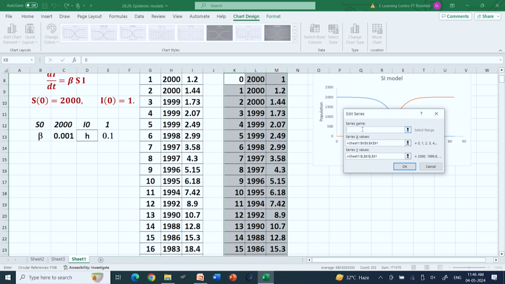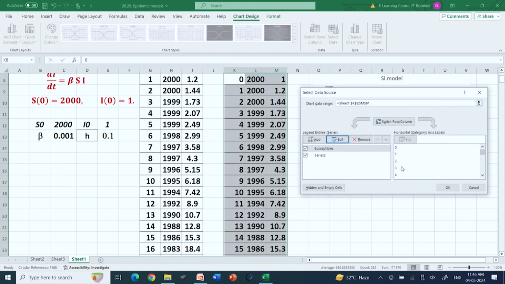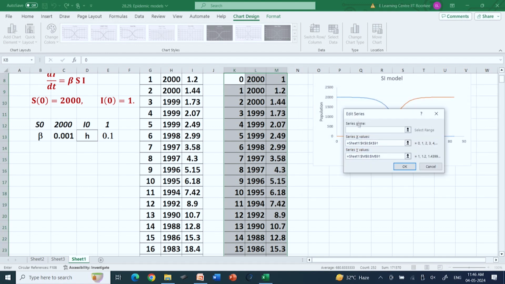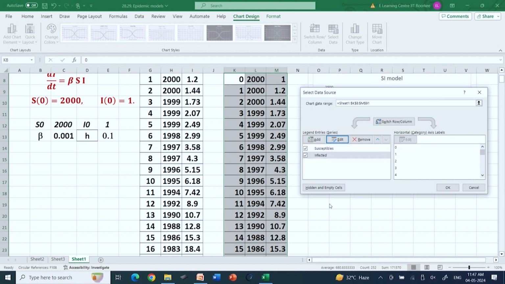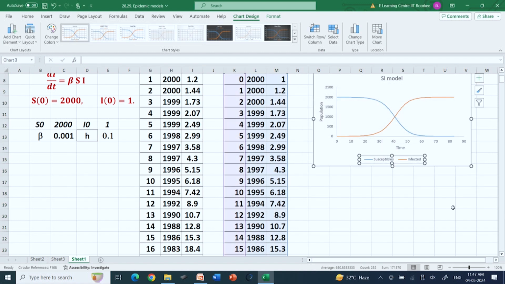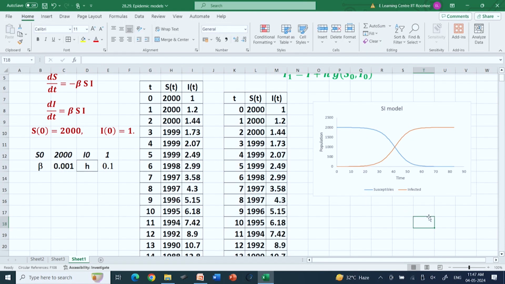So series 1 is susceptibles, and series 2 edit is the infected. And okay. So this is my curve. From 2000 all the susceptible goes to 0 and this reaches the value 2000.